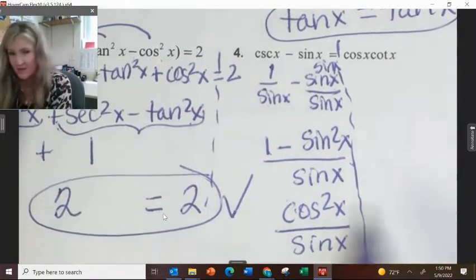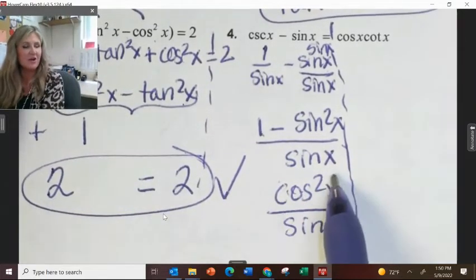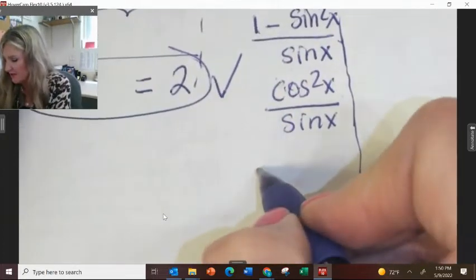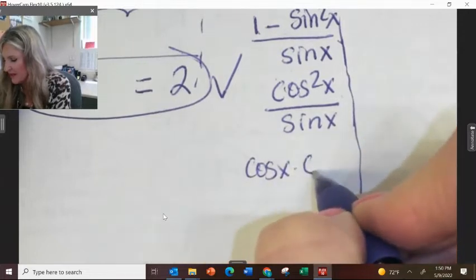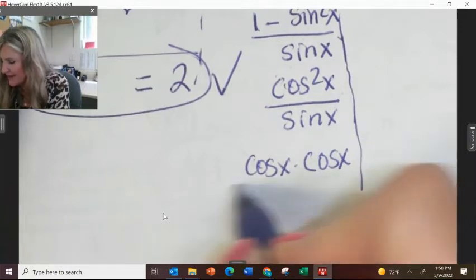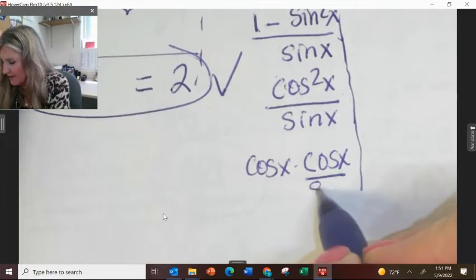Now, this is good. The reason this is good is because this is cosine squared x. So what does cosine squared x mean? Cosine x times cosine x. And right now it's all over sine x, but I don't have to have it that way.